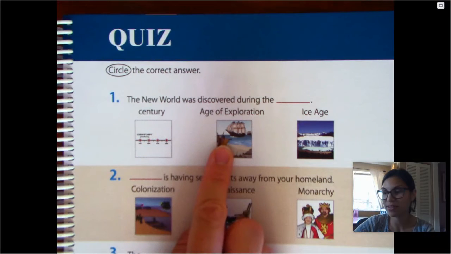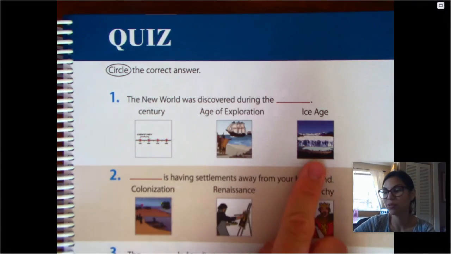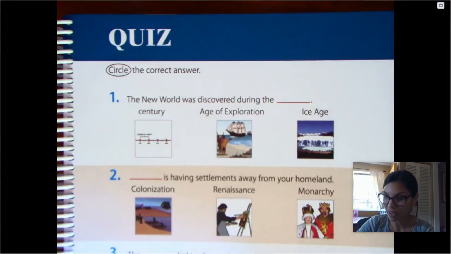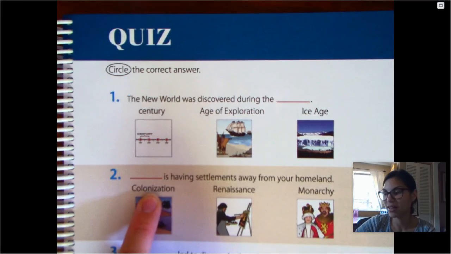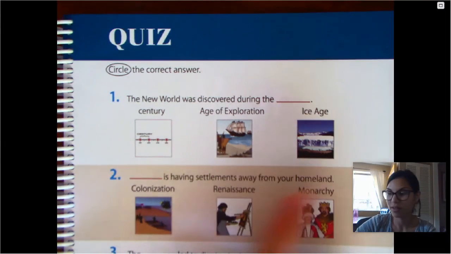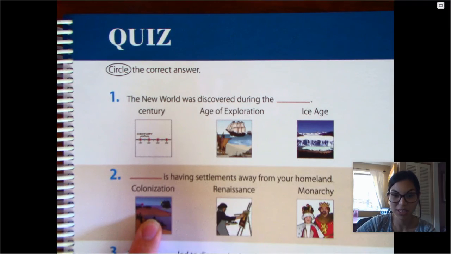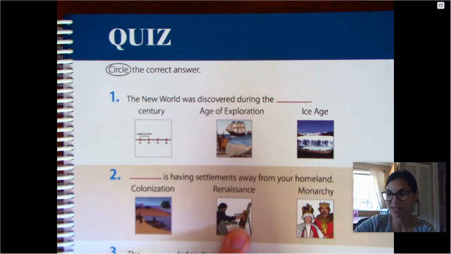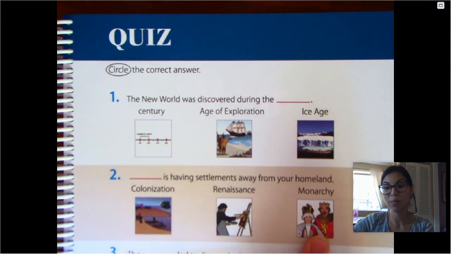The New World was discovered during the Age of Exploration, or the New World was discovered during the Ice Age. And number 2, blank is having settlements away from your homeland. Is it colonization is having settlements away from your homeland, Renaissance is having settlements away from your homeland, or monarchy is having settlements away from your homeland?